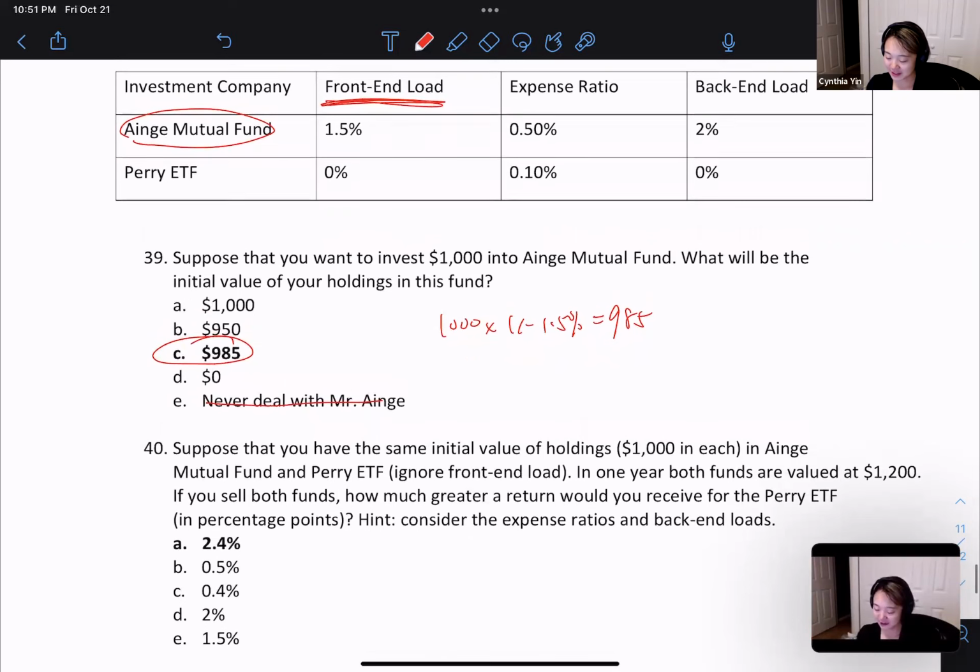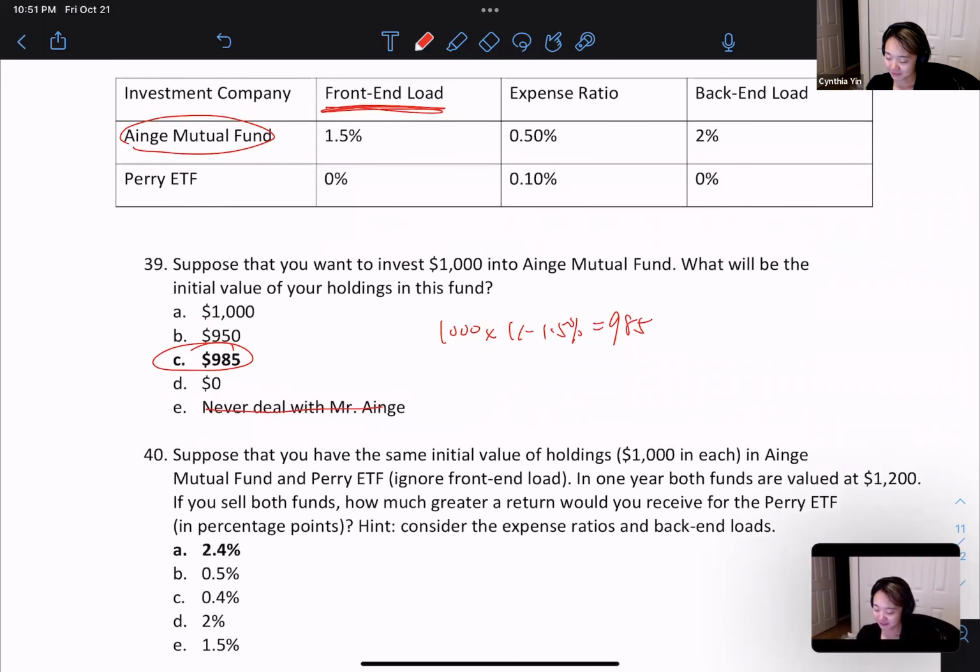Suppose you have the same initial value of holding in both the mutual fund and the ETF. In 1 year, both funds are valued at $1,200.